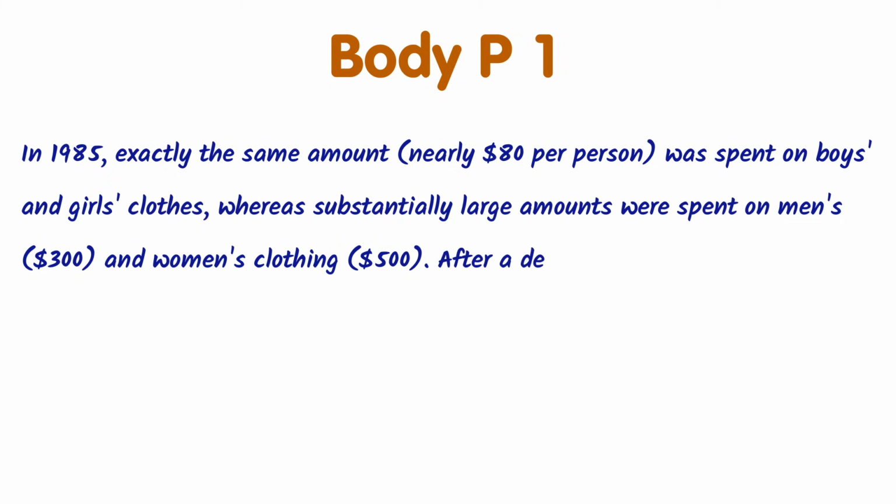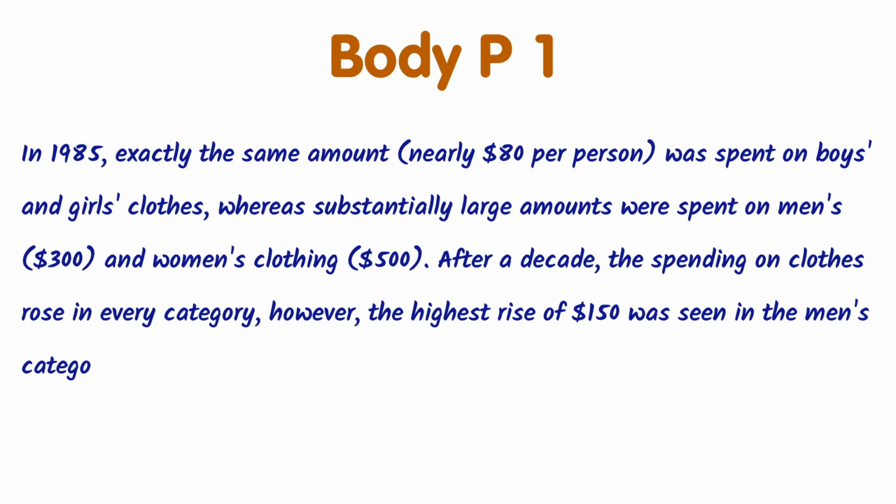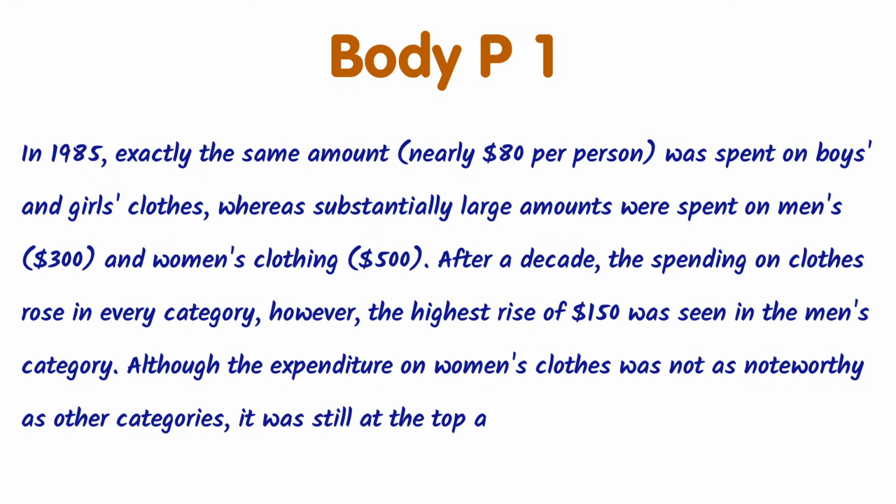After a decade, the spending on clothes rose in every category. However, the highest rise of $150 was seen in the men's category. Although the expenditure on women's clothes was not as noteworthy as other categories, it was still at the top at about $530 in 1995.